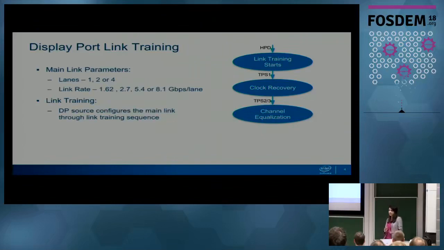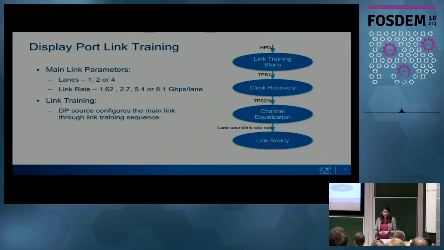This data is used on the other end to find out the interlane alignment and get the mapping of how the data symbols are sent between the lanes on the DisplayPort cable. After these two sequences succeed, the source and the sink device lock a particular link rate and lane count, and then they can start sending the data at that specific link rate and lane count. We say that the link is ready, and that's when it will start sending the data, and you see the display on the monitor.